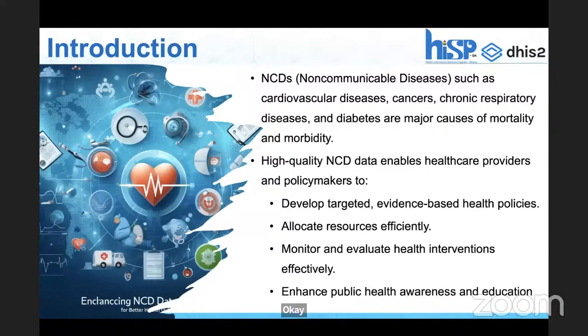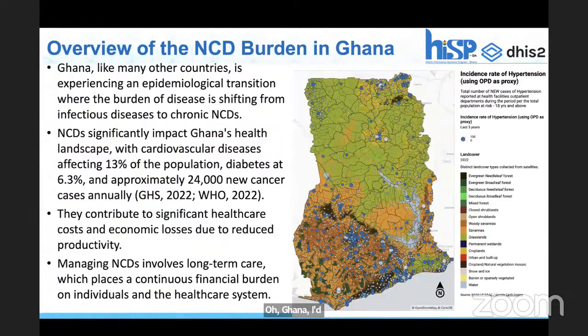For Ghana, as a sub-Saharan country, the burden of disease is notable: about 13% of Ghana's population, according to data from the Ghana Health Service and the WHO in 2022, is affected by cardiovascular disease. About 6.3% of the population is also affected.